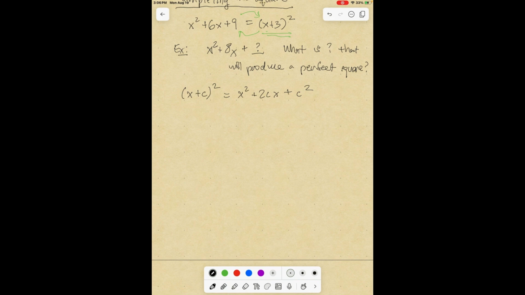And now, using this fact, we have x squared plus 8x plus something. This should be a perfect square. This should be x plus something in parentheses squared. Right, this is your c. The number that we're looking for is the question mark.